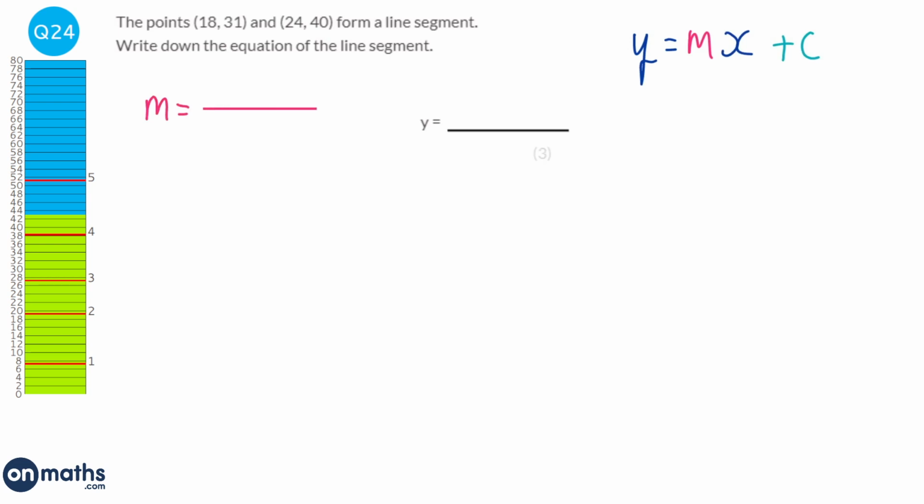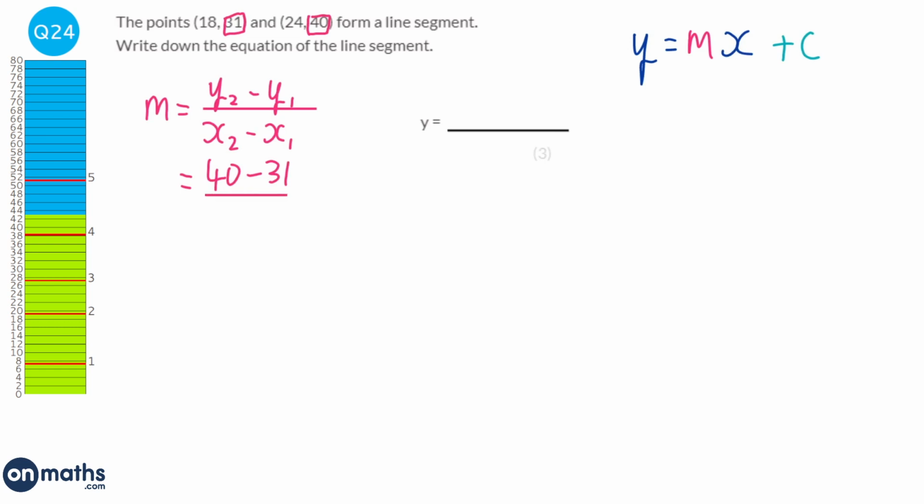And a different way we can write that is y2, so the y coordinate of the second coordinate, take away y1, over x2 take away x1. And so y2 is going to be the y coordinate of the second component, which is there. That's going to be 40, take away y1, which is going to be 31.